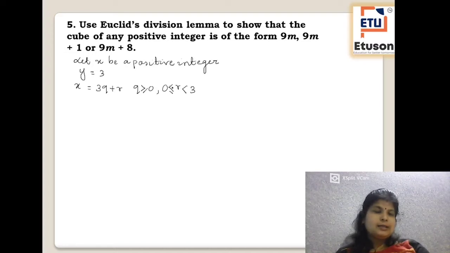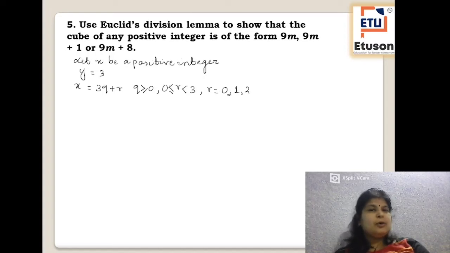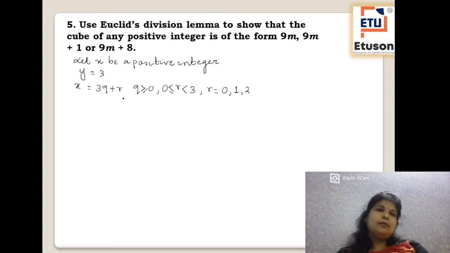So r is greater than or equal to 0 and less than 3. So what are the possible values of r here? It's the same as the previous problem: 0, 1 and 2. So one by one we will take the remainder as 0, then 1 and then 2. Then we will check in which form the value is coming.